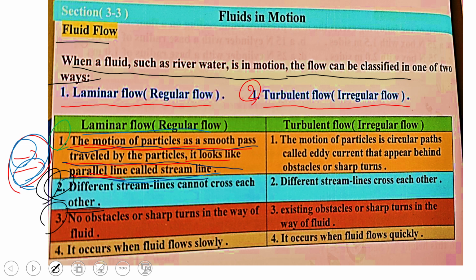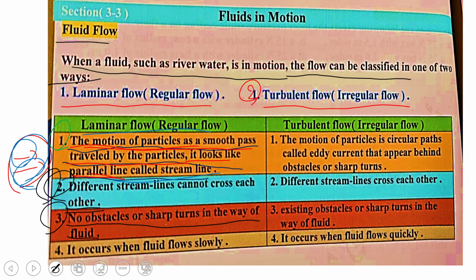The third property: no obstacles or sharp turns in the way of the fluid. This is important, students, to understand the meaning of the third property. No obstacles or sharp turns in the way of fluids. What is the reason why the water is moving in the same direction regularly, in a straight line?